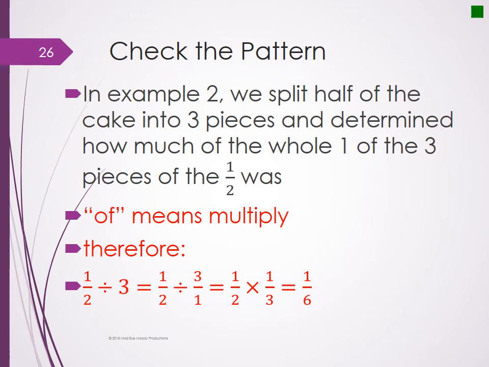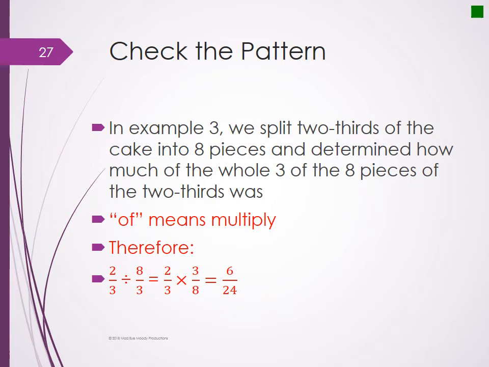So I'm looking at one of those 3 pieces, which really means I'm doing 1/3 of 1/2. So 1/2 times 1/3. And that gives me 1/6. Again, here is the inverse. Inverse operation, inverse fraction. The inverse of divide is multiply. The inverse of 3 over 1 is its reciprocal, 1 over 3.